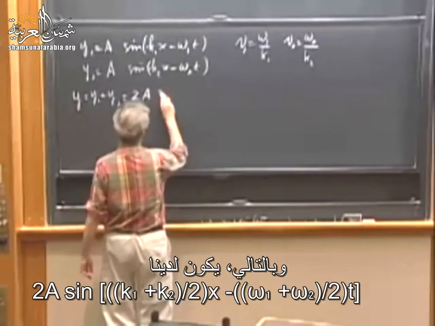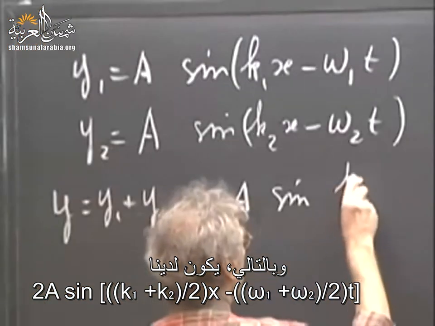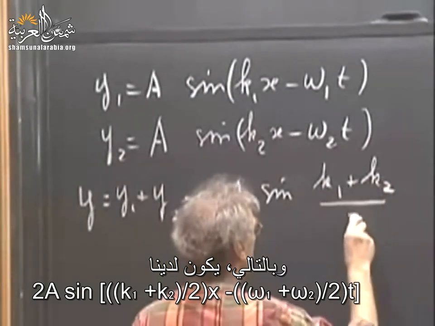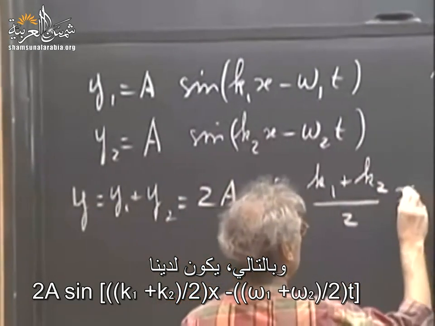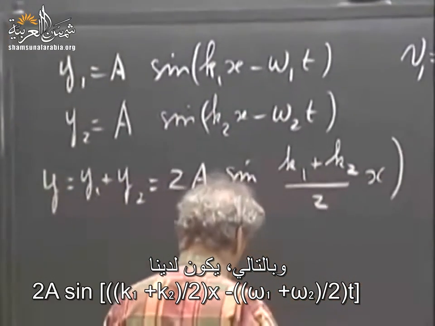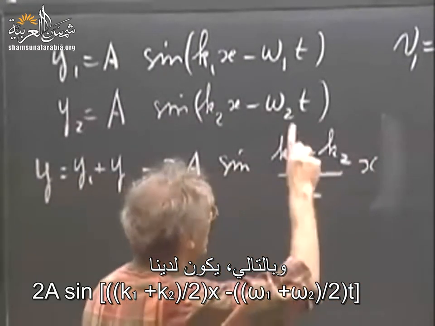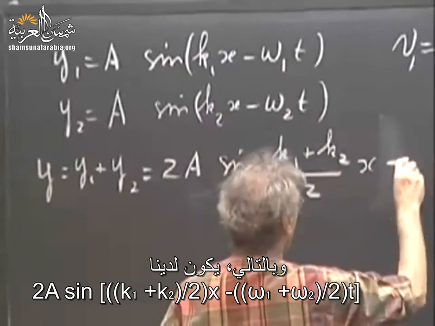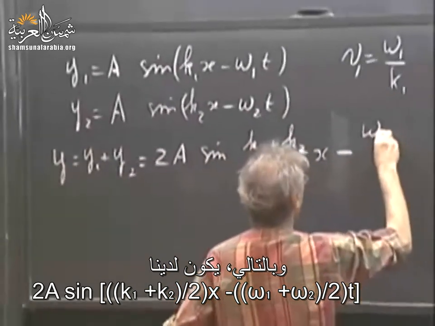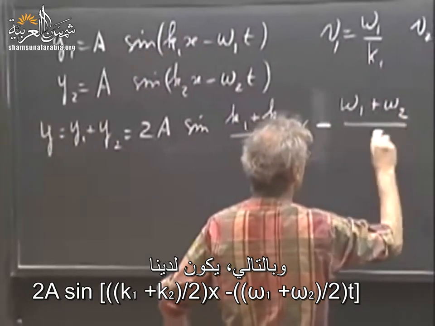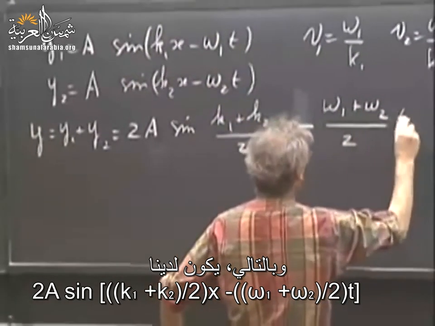And so that gives me the sine of (k1 plus k2) divided by 2 times x, plus this term, so that becomes minus (omega 1 plus omega 2) divided by 2 times t.